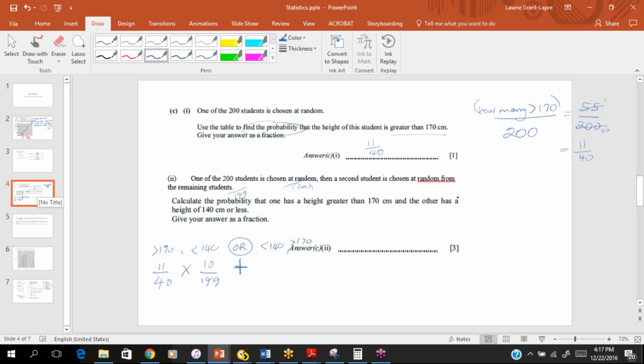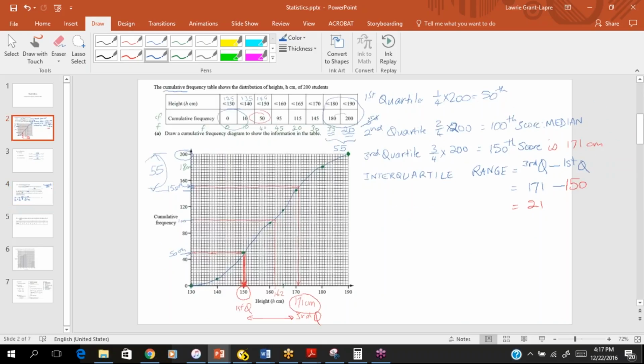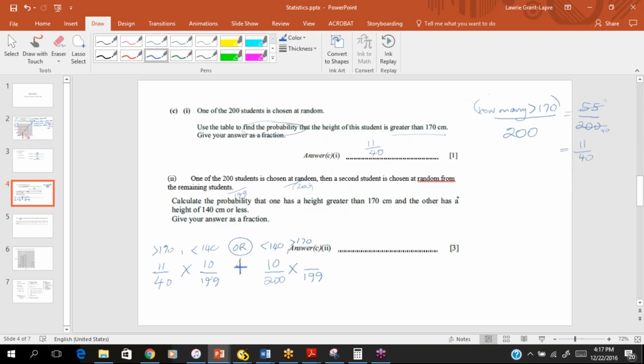Now, the first probability could be less than 140, so that's 10 out of 200. And the second one could be greater than 170. So out of the 199 remaining, there were how many? 55 greater than 170. So that's 11 over 40.